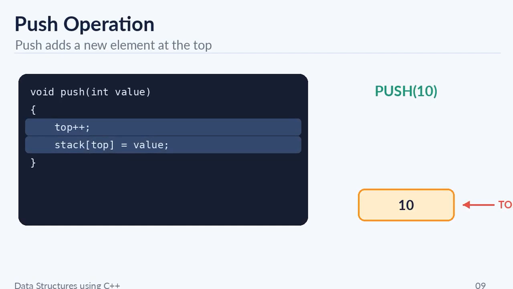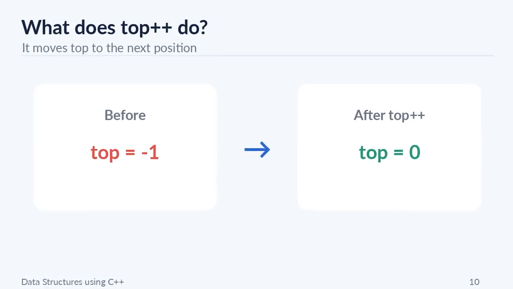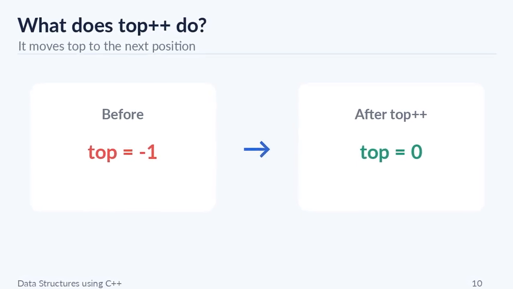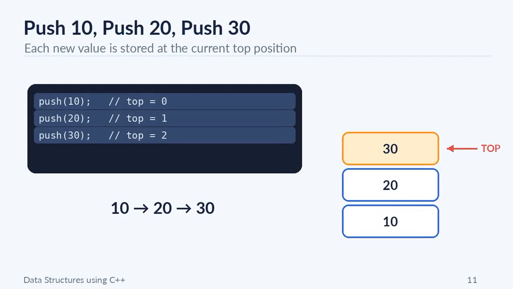So void push, and we are passing one integer value, int value. Then in brackets top++. To understand the code, stack[top] = value. So suppose I am using push(10). What will top++ do?